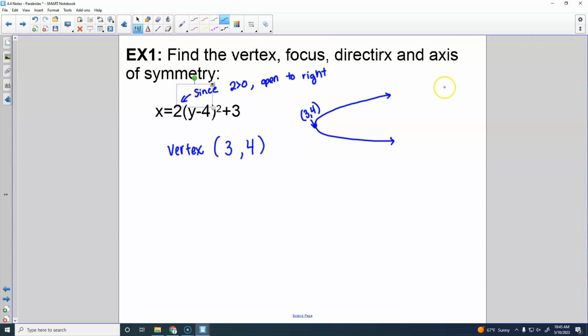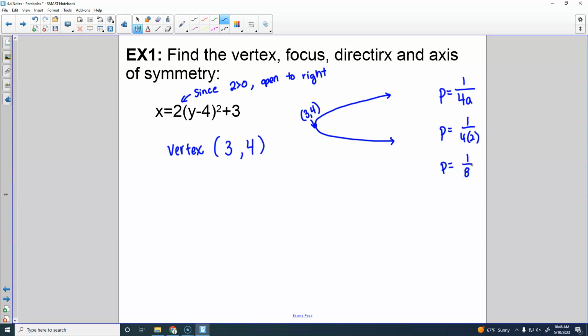So the formula P equals 1 over 4A gives you your focal length for the parabola. For this particular problem, your A is 2, so P equals 1 over 4 times 2, so P is 1/8.